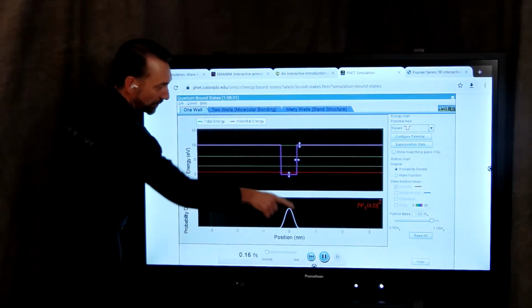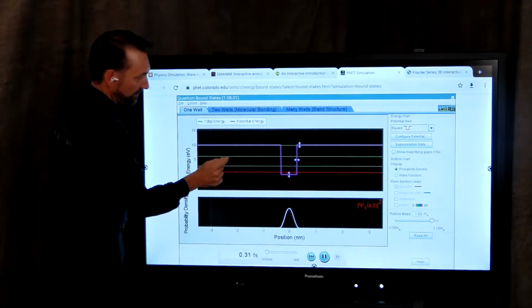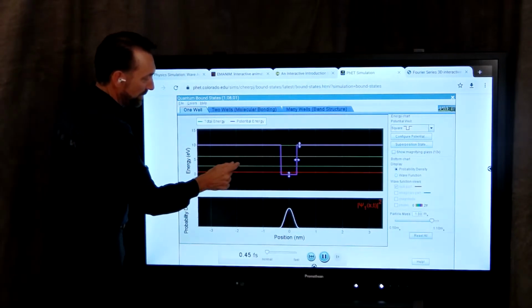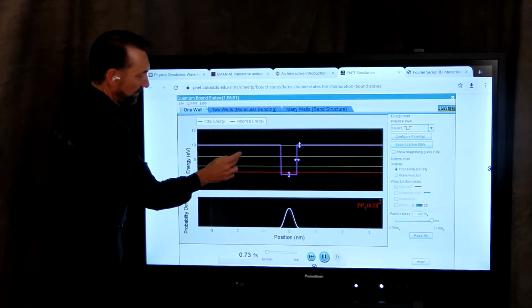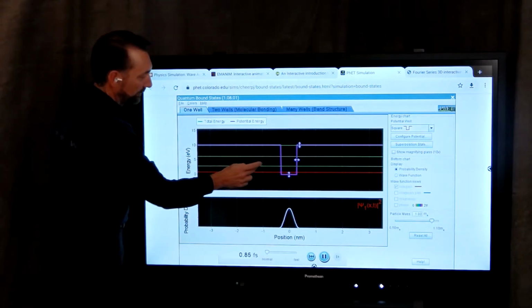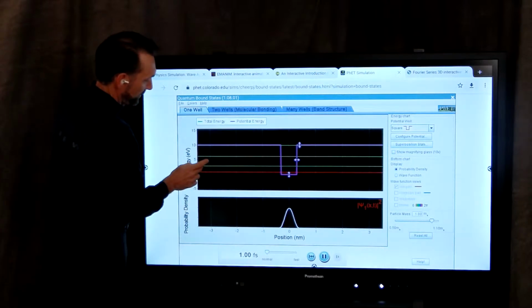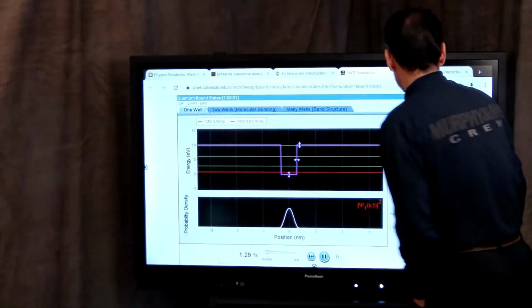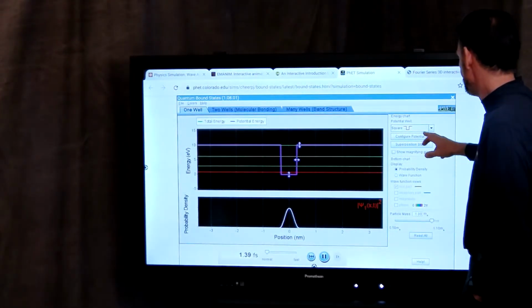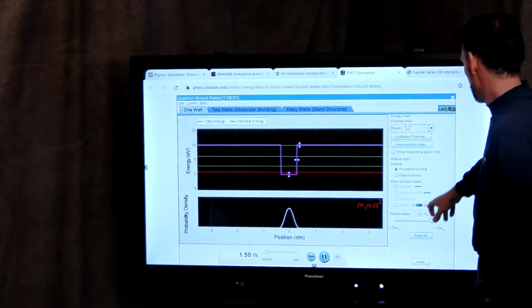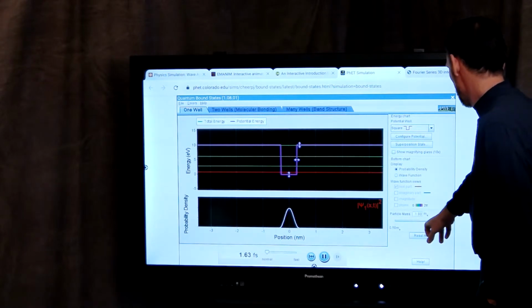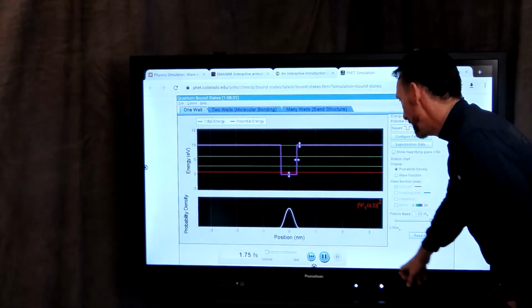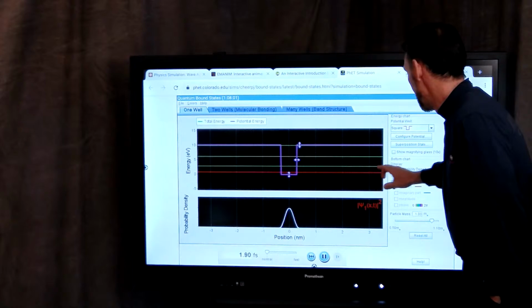So here's our first energy level. Now that's n equals 1. Oh, darn it. Let's see here. Probability, real part, imaginary part, particle, mass.